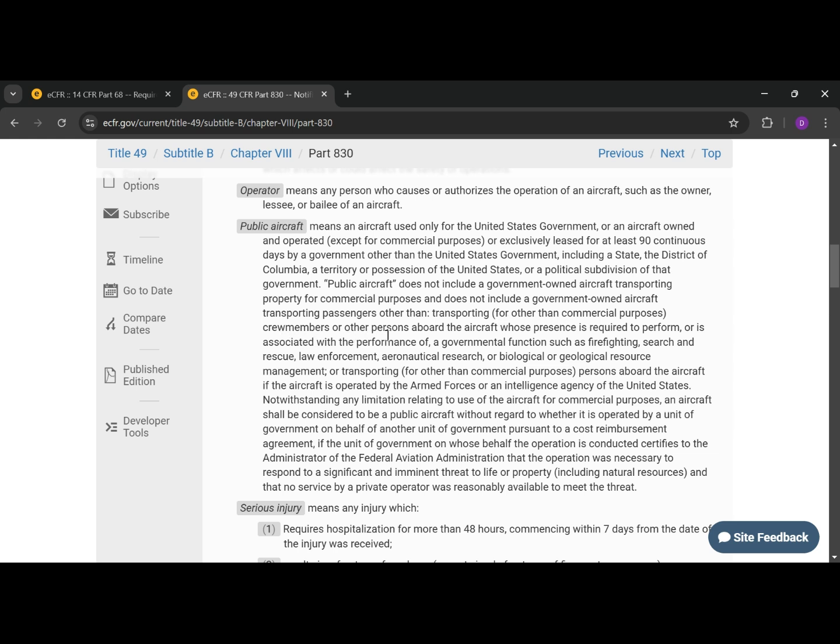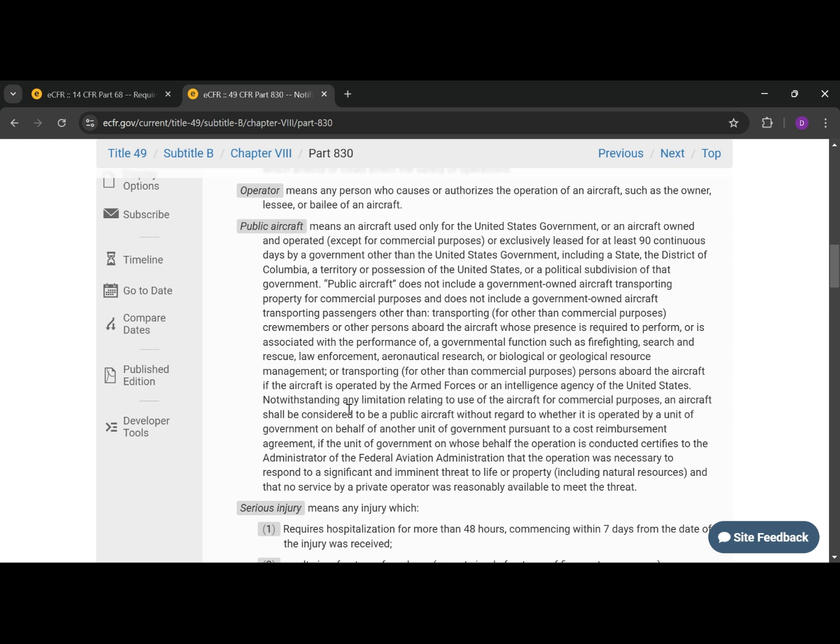Crew members or other persons aboard the aircraft whose presence is required to perform or is associated with the performance of a governmental function such as firefighting, search and rescue, law enforcement, aeronautical research, or biological or geological resource management, or transporting, for other than commercial purposes, persons aboard the aircraft, if the aircraft is operated by the armed forces or an intelligence agency of the United States.